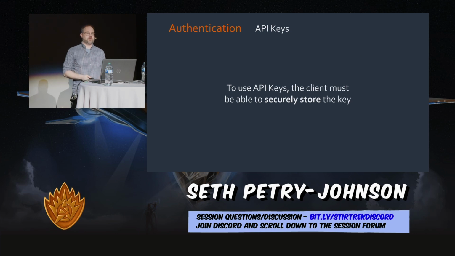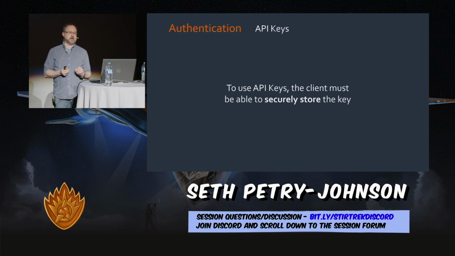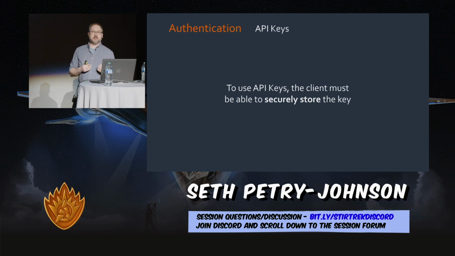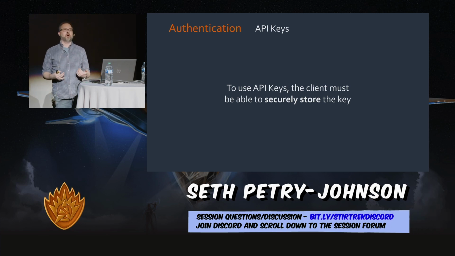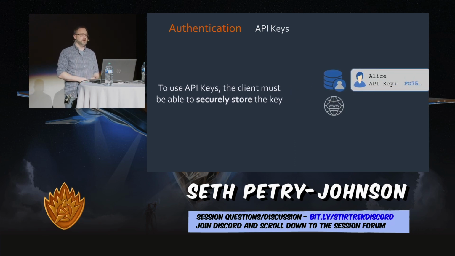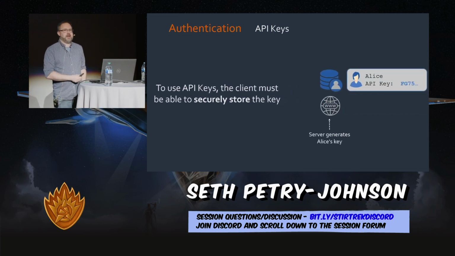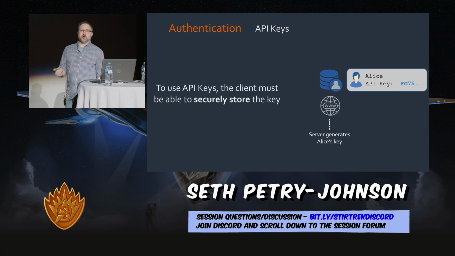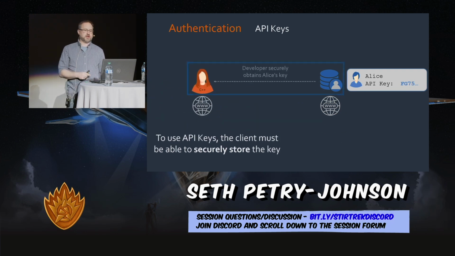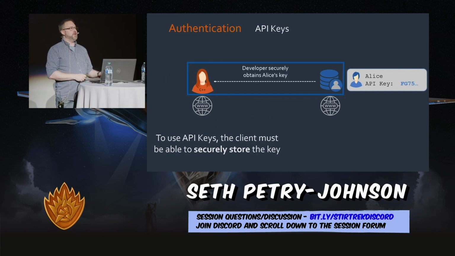There's one key thing to remember. In order to use API keys, the client has to know the key. That means the client needs to store the key somewhere between requests. For server-to-server communication, this is pretty easy. We generate some key for Alice, we put it in our database, and then some developer for the client application comes along, and they get the API key from us in some secure way.